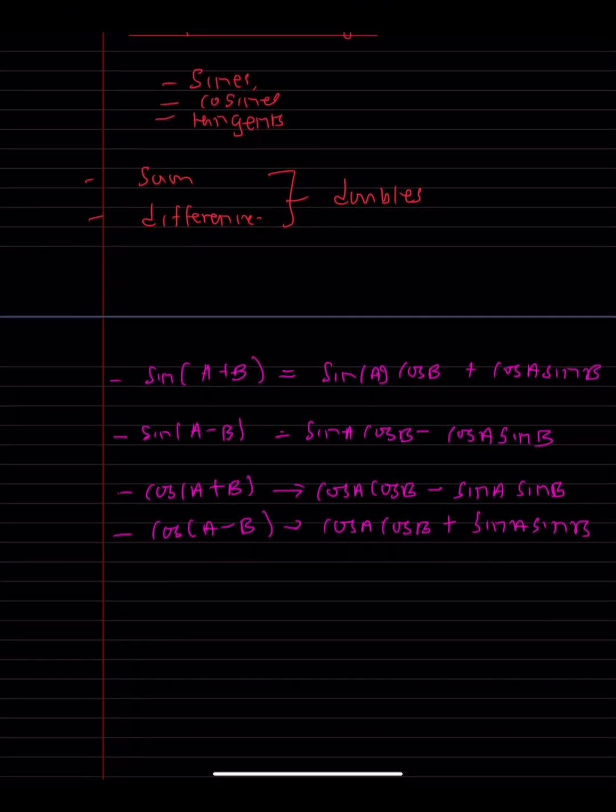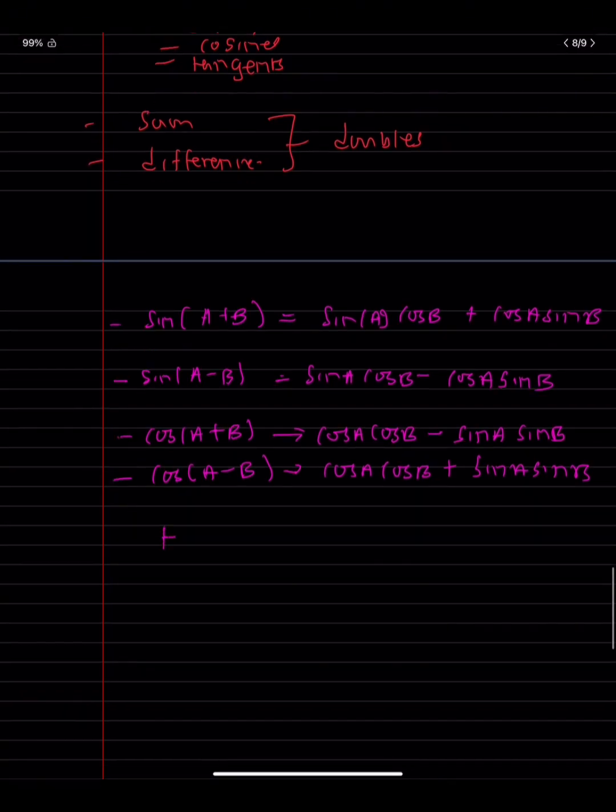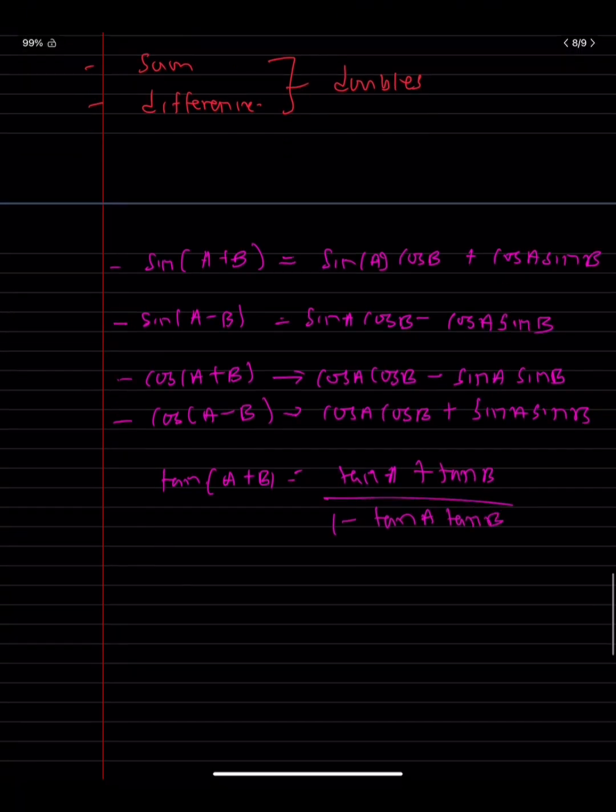Of course, we have tan (a plus b), which is equal to tan a plus tan b over 1 minus tan a tan b, and tan (a minus b), which is equal to tan a minus tan b all over 1 plus tan a tan b.